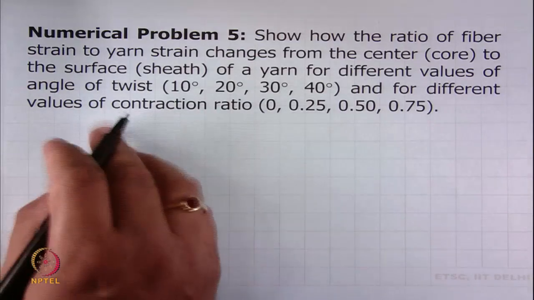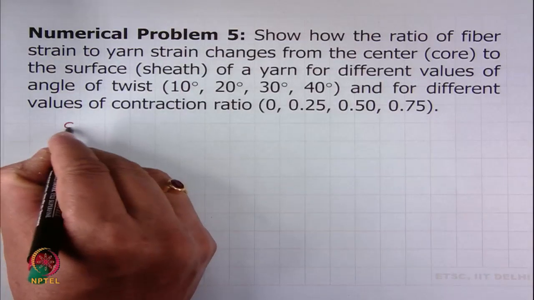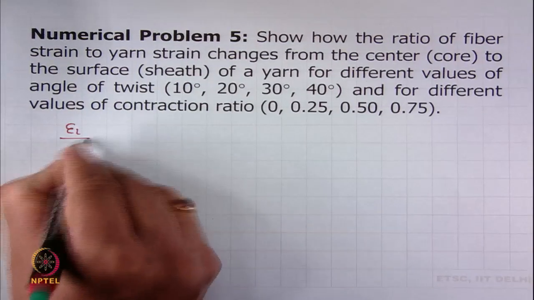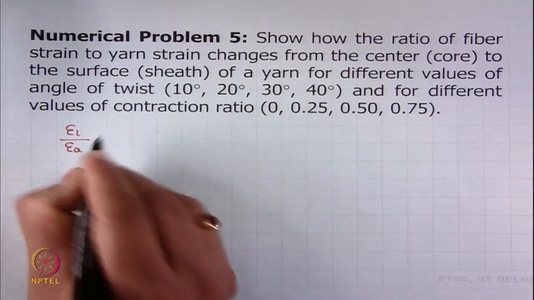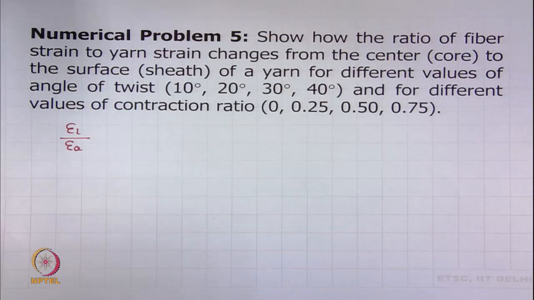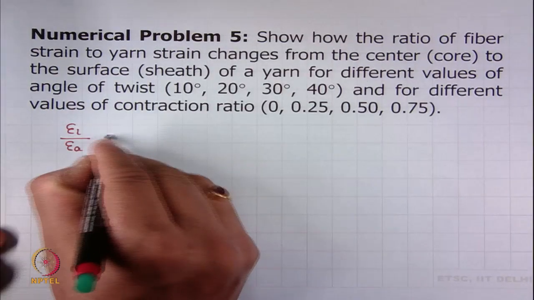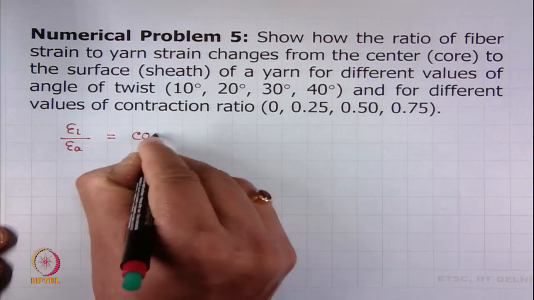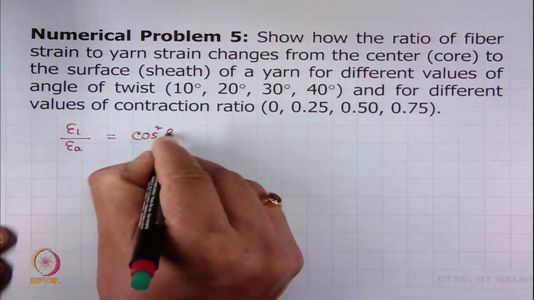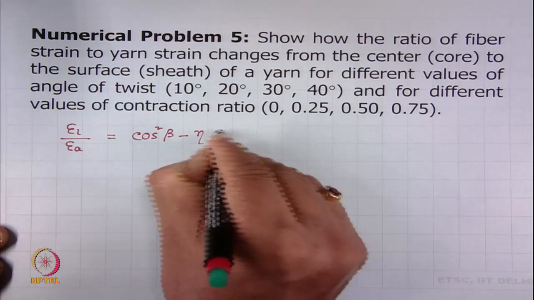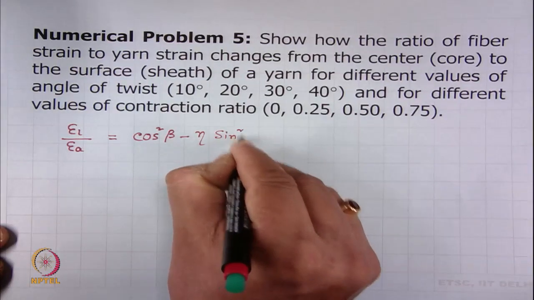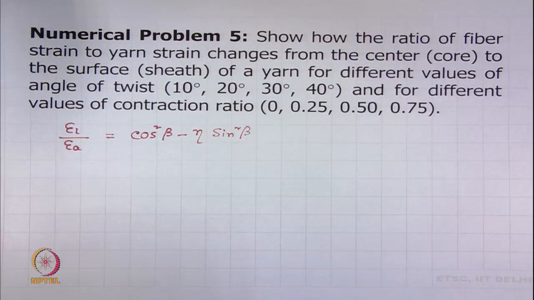Now, this is your fiber strain to yarn strain, cos square beta into sin square beta. So, we have to use this formula to solve this problem.